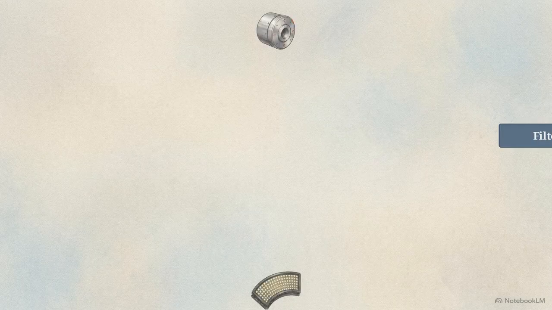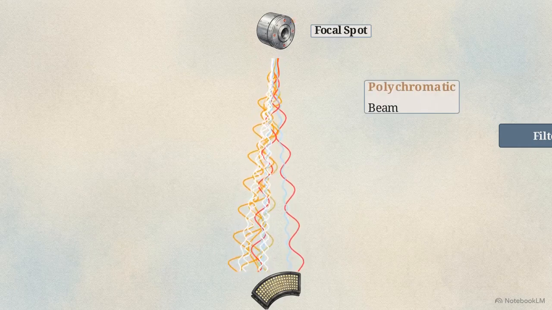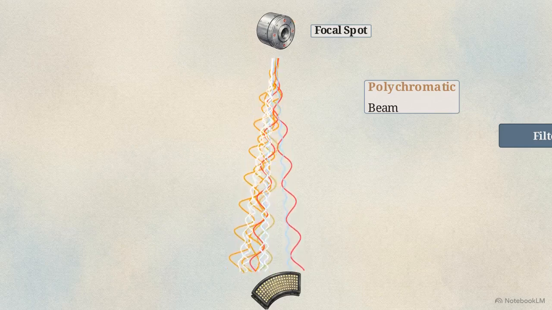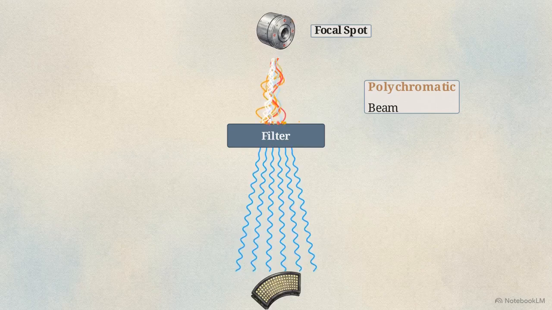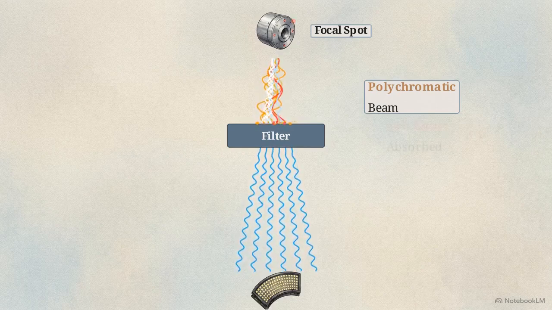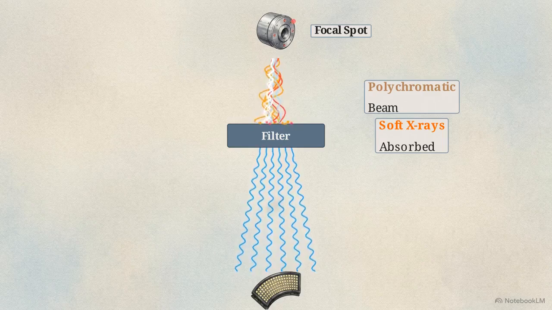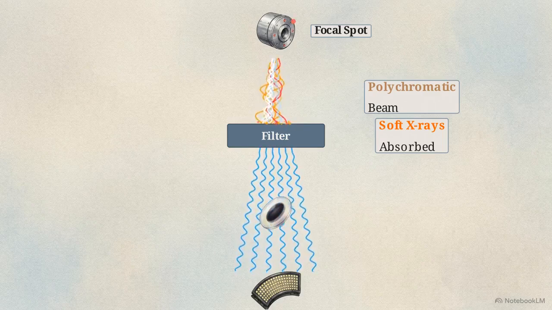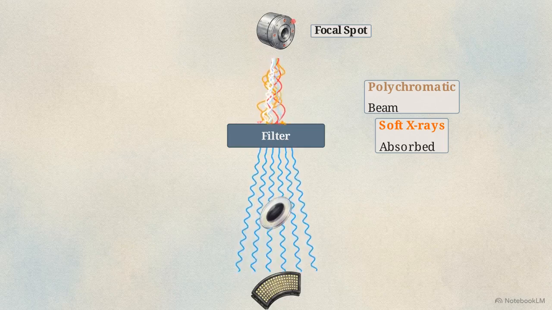This diagram shows an unrefined X-ray beam emerging from the focal spot. The raw beam is polychromatic, meaning it contains a chaotic mixture of both high and low energy photons. Before reaching the patient, the beam passes through a filter. This barrier absorbs the low energy, or soft X-rays. Because soft X-rays lack the energy to pass completely through human tissue, they only increase the patient's radiation dose without ever reaching the detector.